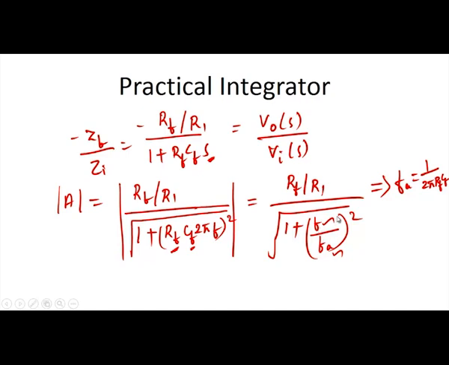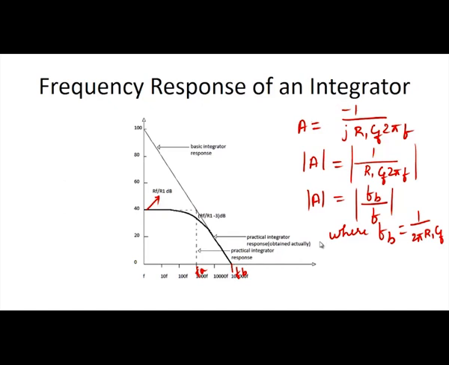If F is increased beyond this FA, then the total RF by R1 will get reduced, and that is what is shown in the practical integrator response. So, instead of the saturated value, the gain is reduced to RF by R1 in that case.